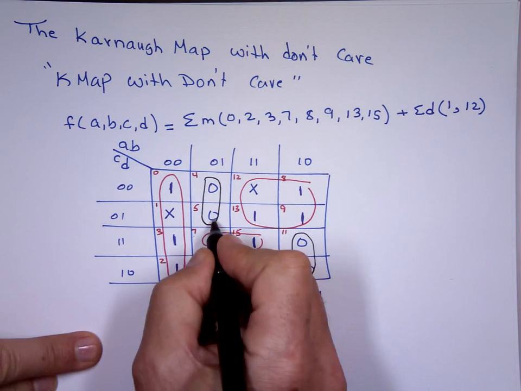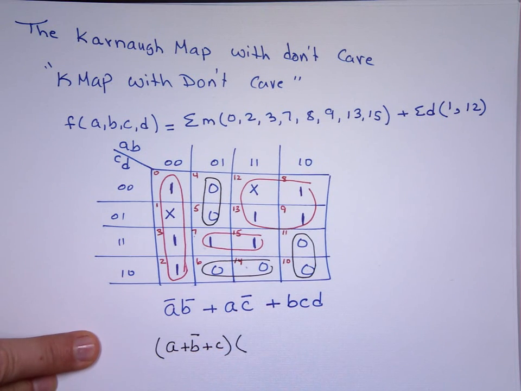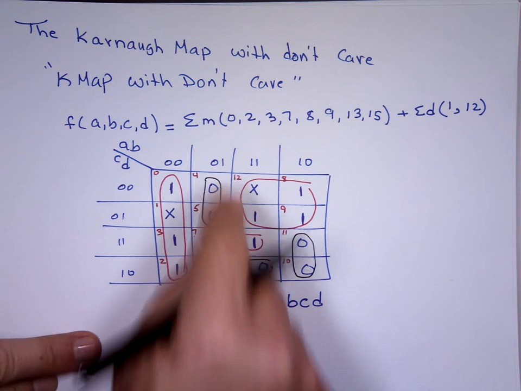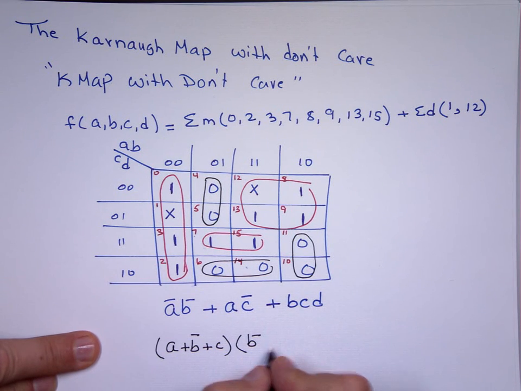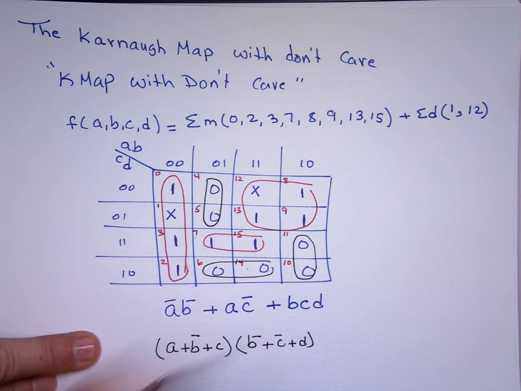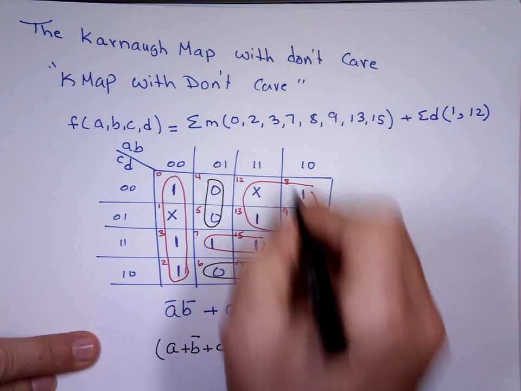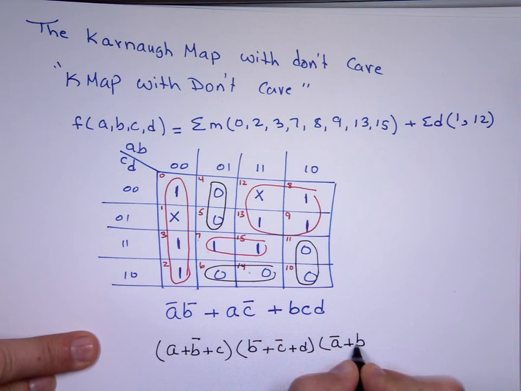That's this one. This one will be what? B is 1, that's B naught. C is 1, that's C naught. D is 0, leave it alone. And for these two, A is 1, complemented. B is 0, leave it alone. And what? C is 1, complement that.